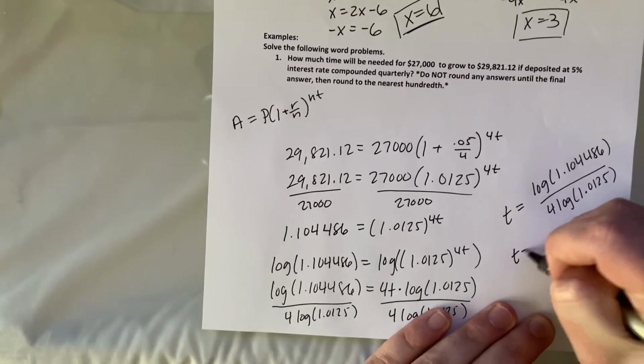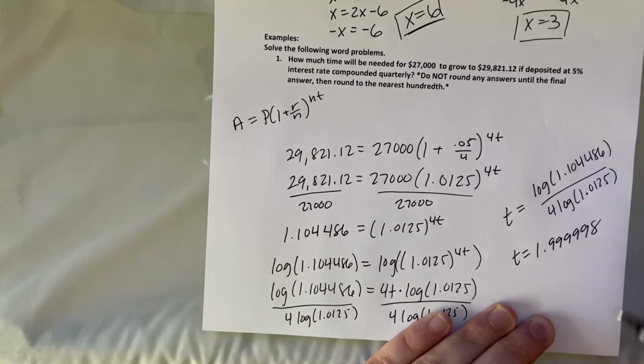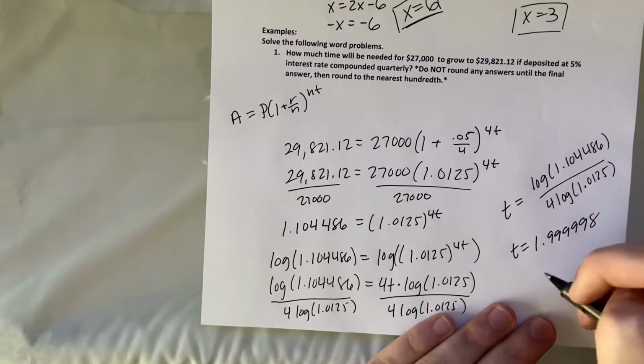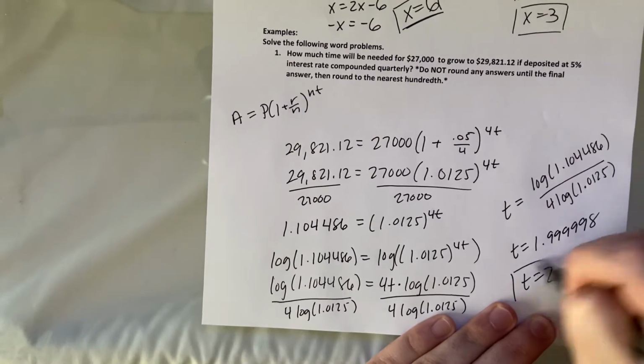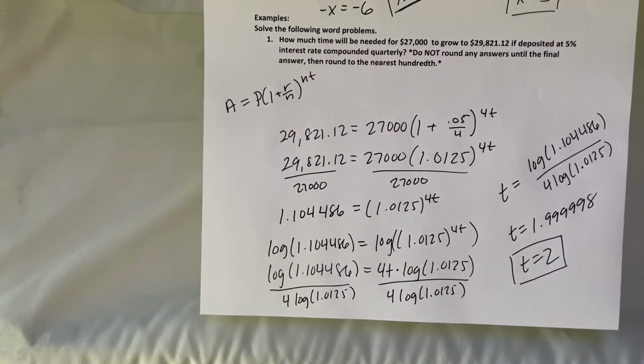You get t equals 1.999998. Of course, we're rounding to the 100th. This is t equals 2. So all that to say, it takes exactly 2 years for this $27,000 to grow into $29,821.12. Now, what other kind of logarithm problems could we have?